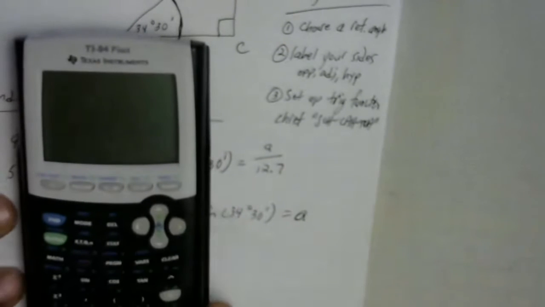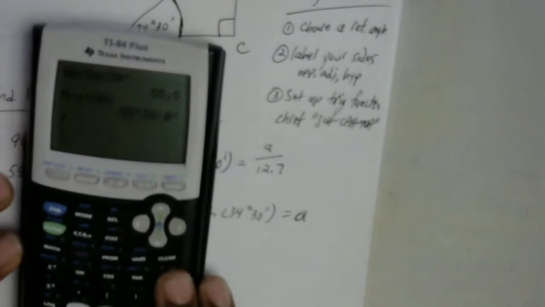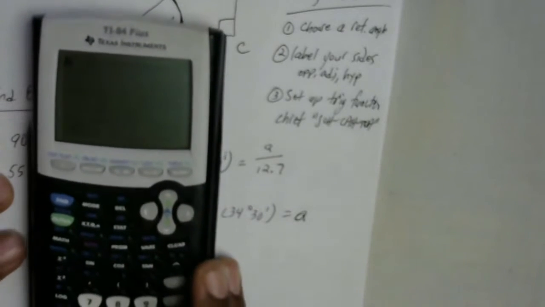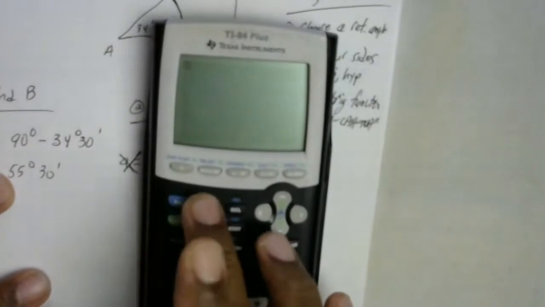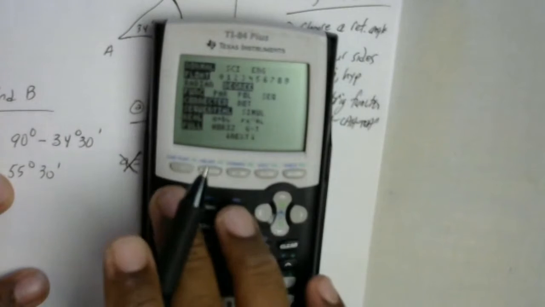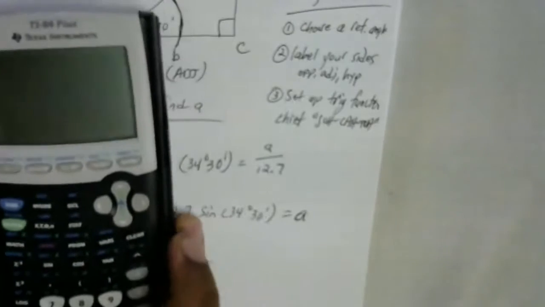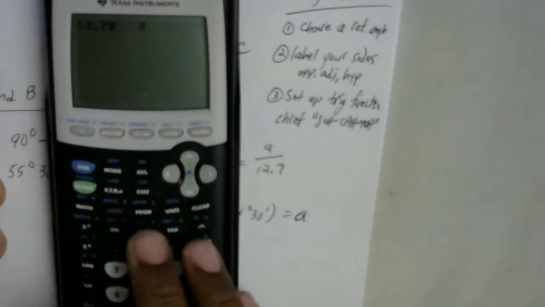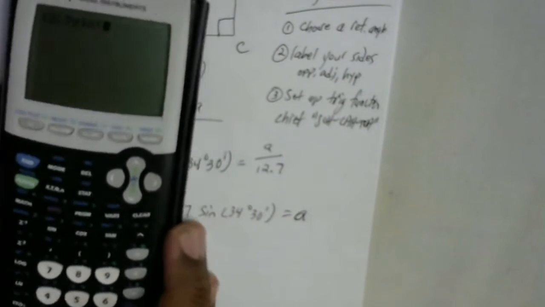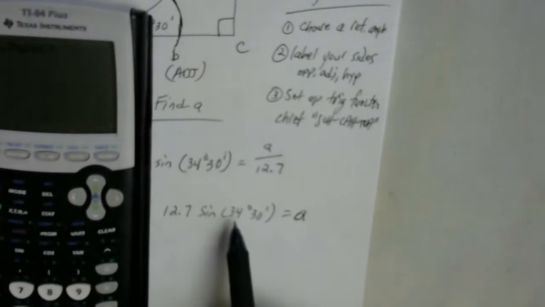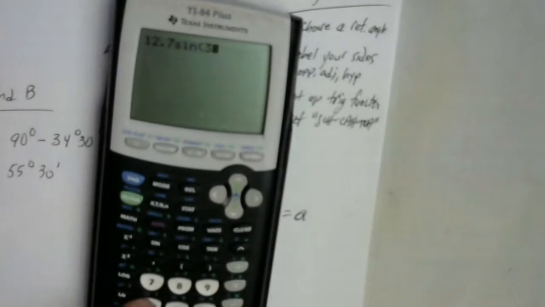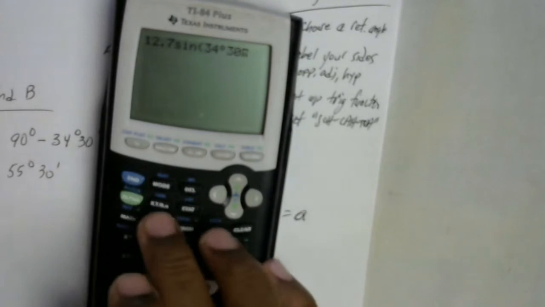So in the calculator, we want to make sure that we are in degree mode. So I'm going to just double check that I'm in degree mode. I'm going to put in 12.7 times the sine. And I'm not finding an angle measure, so I'm not using an arc function. I'm using my sine function. 34 degrees, 30 minutes.